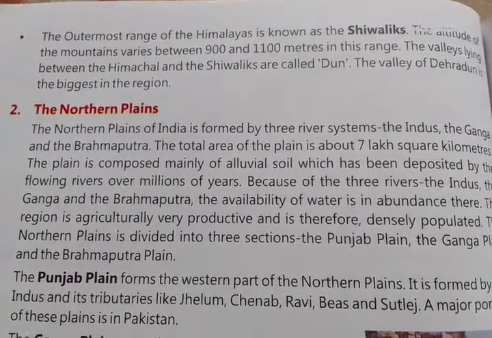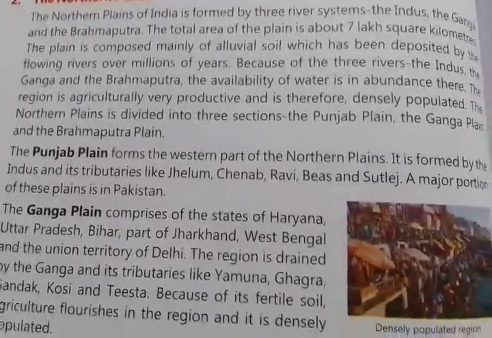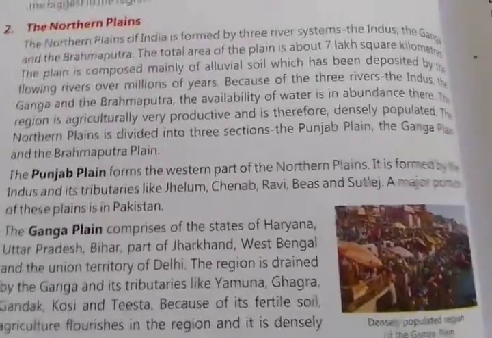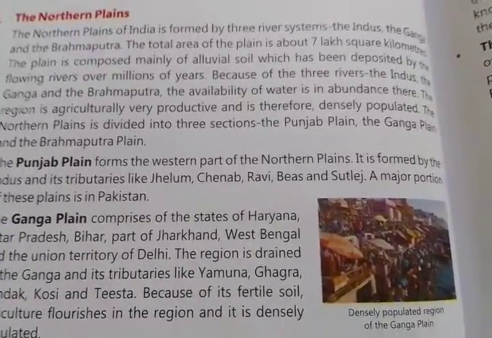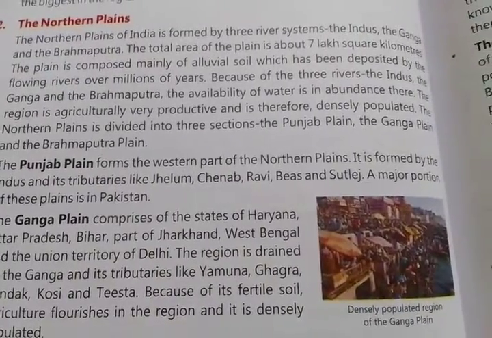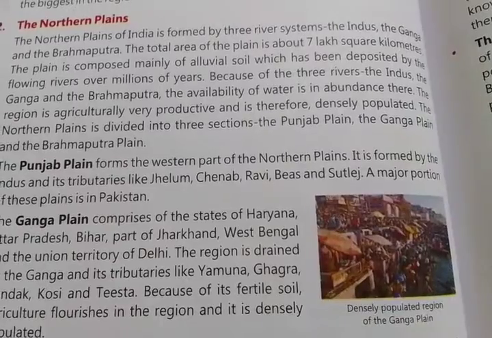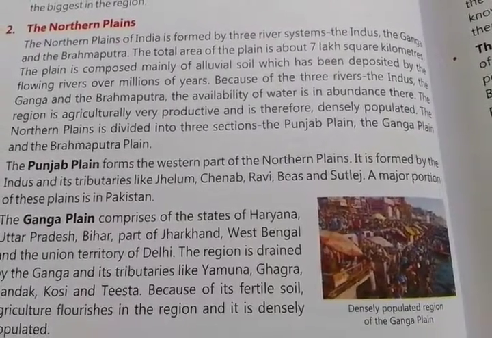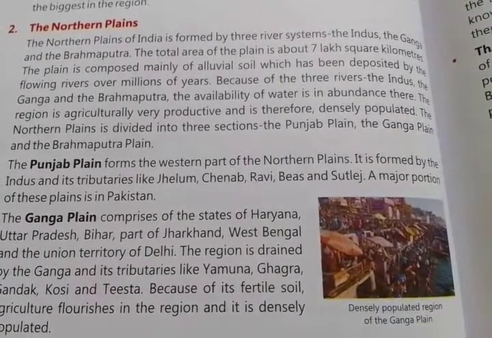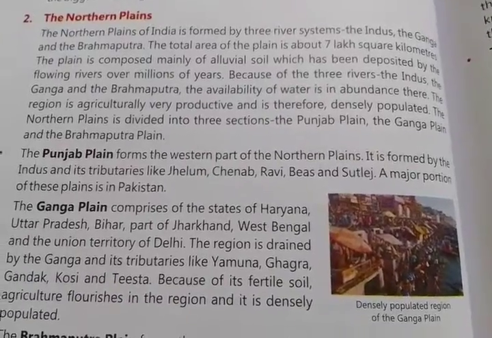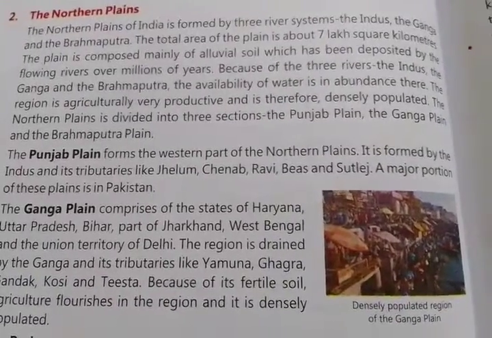The northern plains of India are formed by three river systems: the Indus, the Ganga and the Brahmaputra. Always remember, the northern plains are formed by three rivers: Indus, Ganga and Brahmaputra. The total area of the plain is about 7 lakh square kilometers.